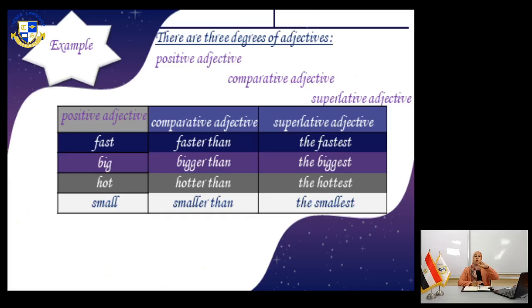Now I'm going to talk about the superlative form of the adjective. I want to say the extreme of this adjective. So I will say fast, the fastest, big, the biggest, hot, the hottest, small, the smallest. So this is the difference between the positive adjective, the comparative adjective, and the superlative adjective.